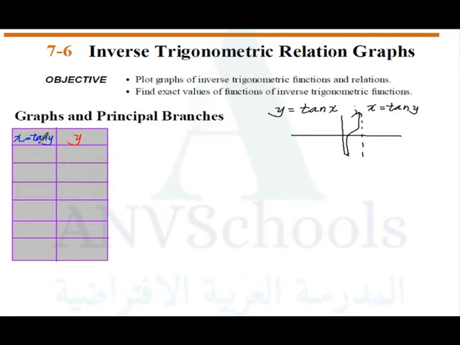And let's get the result by getting values of y from, let's say, negative pi over 2 up to pi over 2.